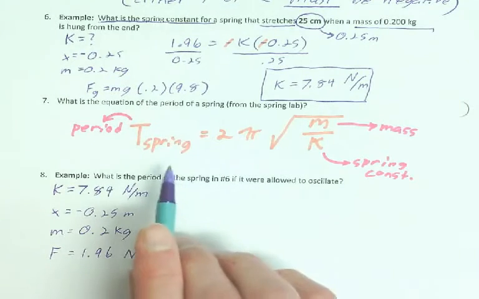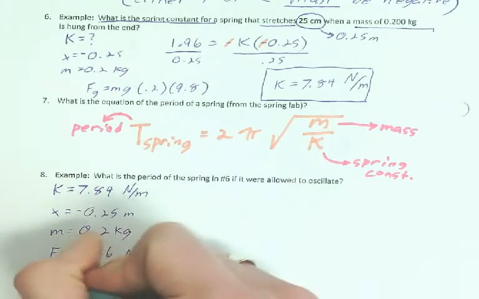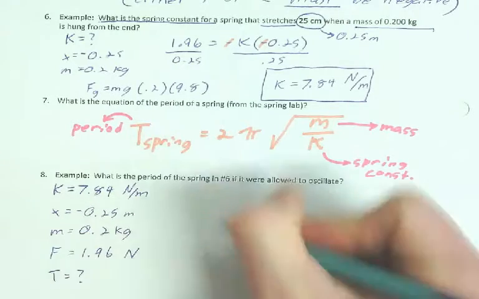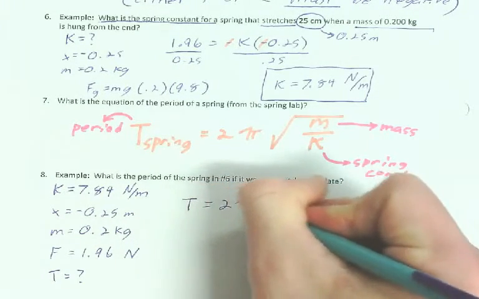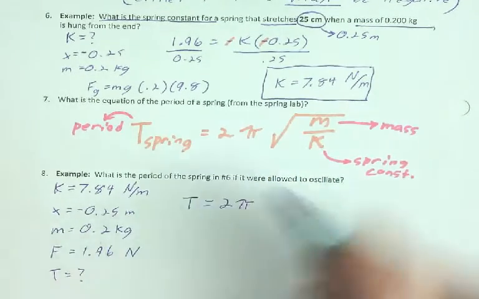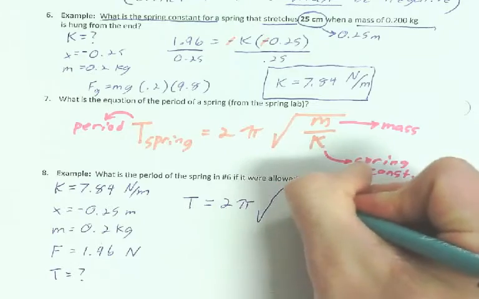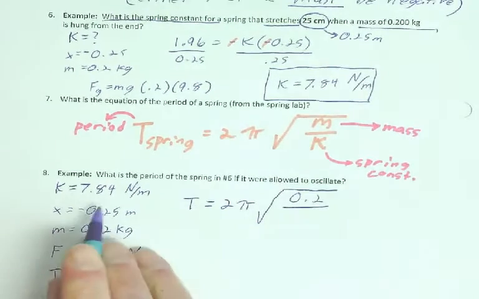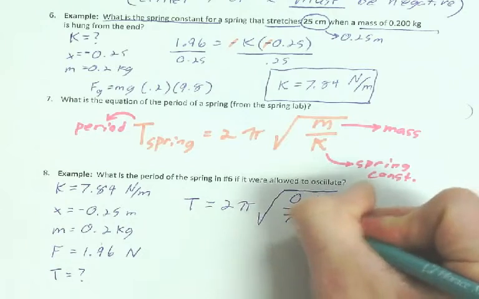I'm going to use my equation, period equals 2 pi times the square root of m over k. What is the period? So I'm solving for capital T. I just write capital T equals 2 pi times the square root of m over k. So the mass is 0.2, and k is my number from number 6, 7.84.